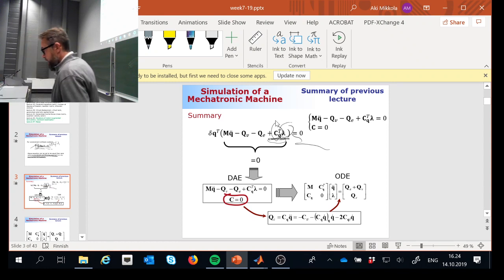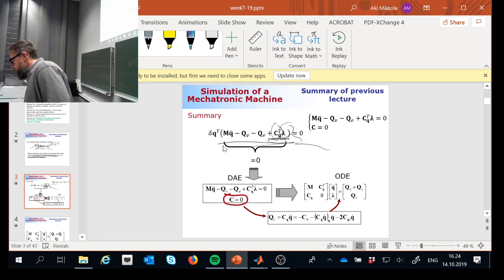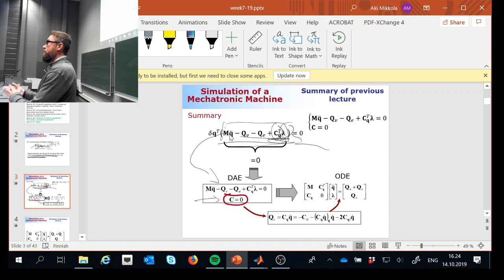Now, once we have this equation, we have unknowns that are the accelerations of the generalized coordinates and the Lagrange multipliers. Obviously we don't have enough information to solve this equation, so we need additional information, which we get by adding the constraint equations.